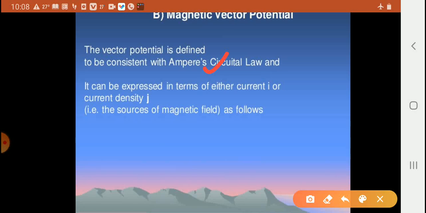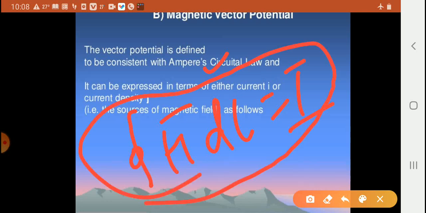We generally use the closed line integral of H vector dl equal to I. This is Ampere's circuital law. It can be expressed in terms of either current I or current density J, the source of the magnetic field.